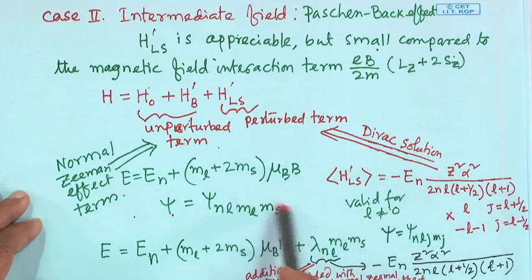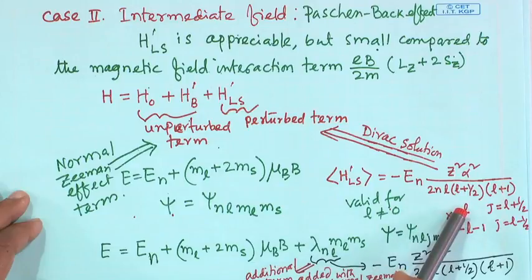The solution here will be similar, but not exactly the same, because here there is a magnetic field along the z direction, so we have to consider the z component, which is quantized along the fixed direction in the case of L and S. So we have to write it in terms of m l and m s.